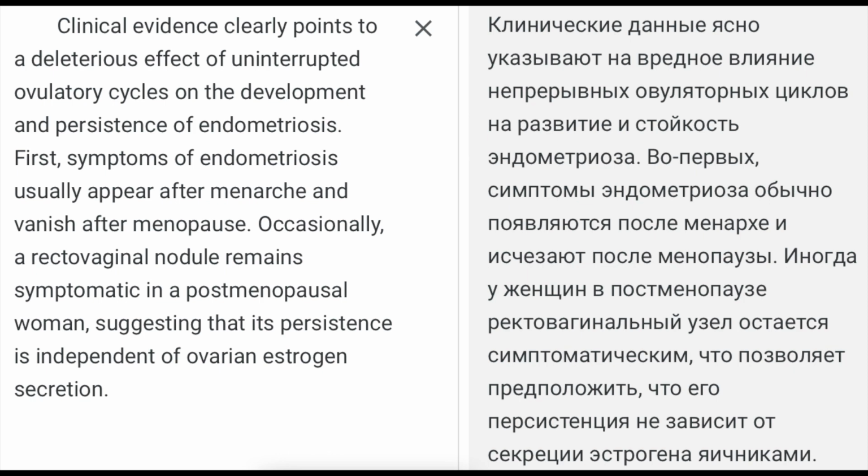Clinical evidence clearly points to a deleterious effect of uninterrupted ovulatory cycles on the development and persistence of endometriosis. First, symptoms of endometriosis usually appear after menarche and vanish after menopause. Occasionally, a rectovaginal nodule remains symptomatic in a postmenopausal woman, suggesting that its persistence is independent of ovarian estrogen secretion.